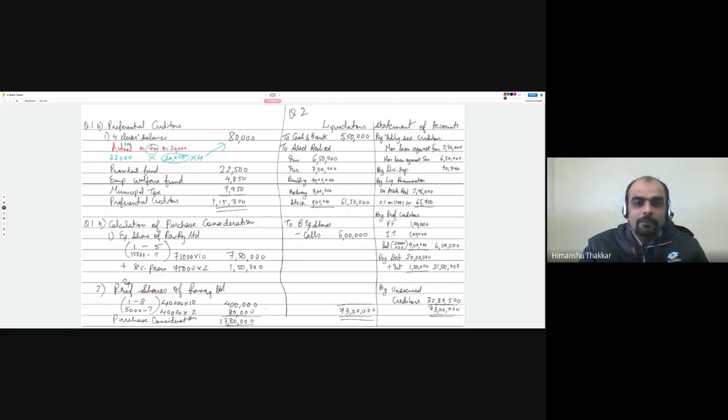This includes cash of rupees 10,000. So all in all, the balance is given to you, and these are the payments that you are going to make. Some of them you already paid, some is yet to be paid.